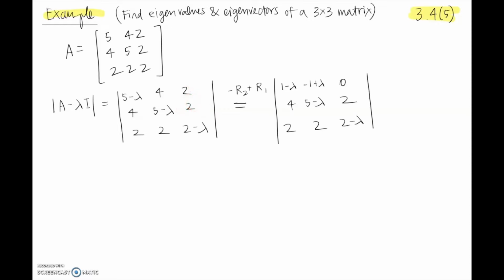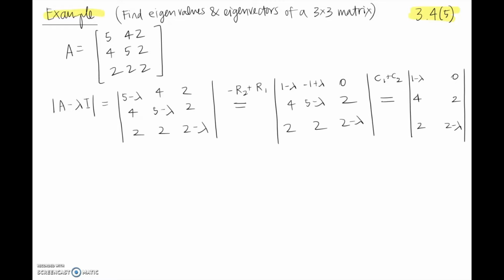Okay? And then I just noticed that these are actually opposites of each other. So what I could do is say column 1 plus column 2 as my operation. That won't change the determinant either. So this is going to be column 1 plus column 2, which means only column 2 changes. So 1 minus lambda, 4, 2, 0, 2, 2 minus lambda.